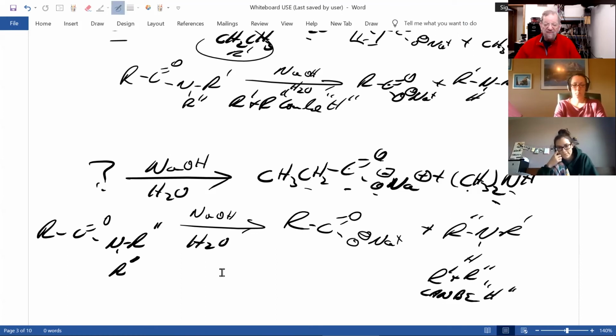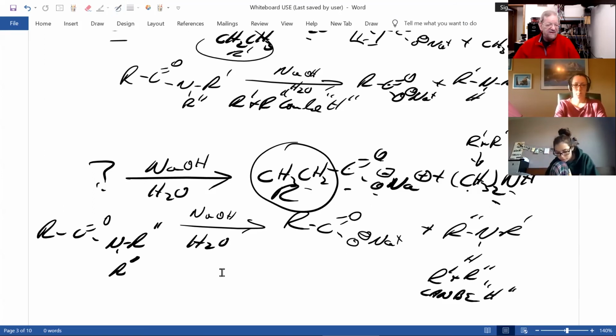And now if we come over here, both of these are our prime and our double prime. And if I come back here, I'll have what's attached to the carbonyl carbon, my R group, carbonyl, nitrogen. Now, you could write it this way.